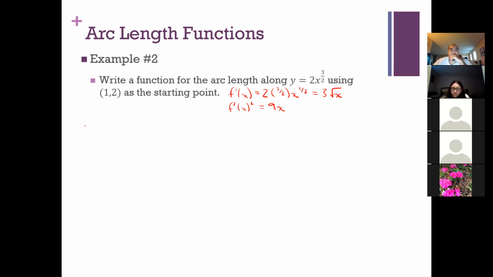Set up the integral from 1 to x. Okay. So our arc length function is going to be based on an integral from 1 to x of, and what's the integrand?